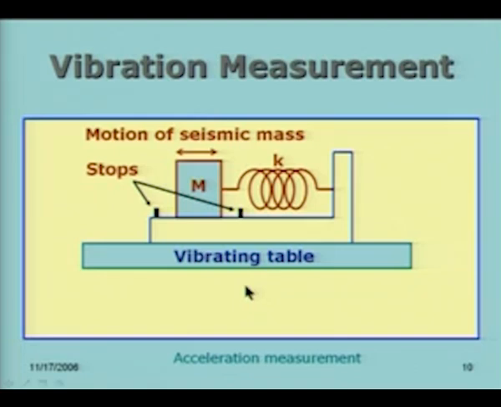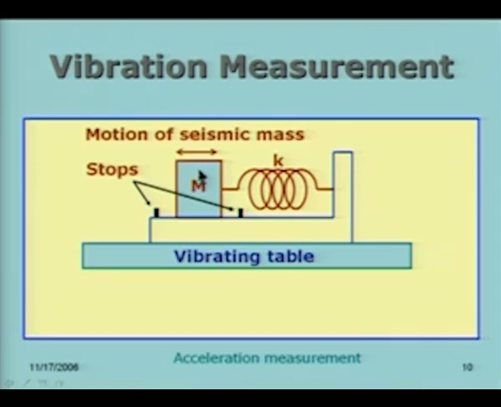We do not want that to happen. So sometimes we provide two stops. If you have a vibrating table and you place the vibration measurement device on top of that, I will put two stops here, so that the spring is not allowed to extend beyond some value. It will be stopped here, or here on the compression side. The motion of the seismic mass, as it is called, a mass which is more or less isolated from this vibration source, more or less stays in the same position.